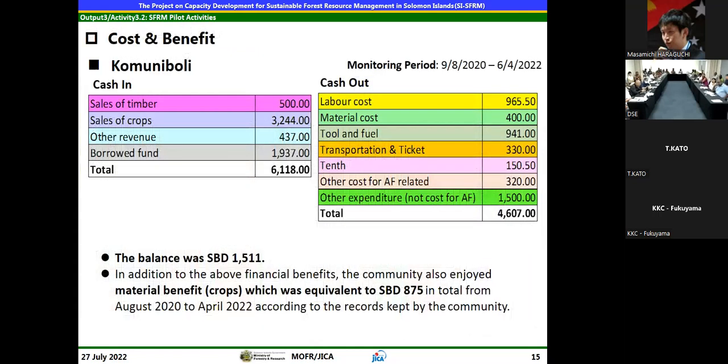Cost and benefit. The overall overview here is that by implementing the agroforestry activities in the community, they earned income. So it is one of their achievements, and we will see the cash in compared with the cash out, they earned income.